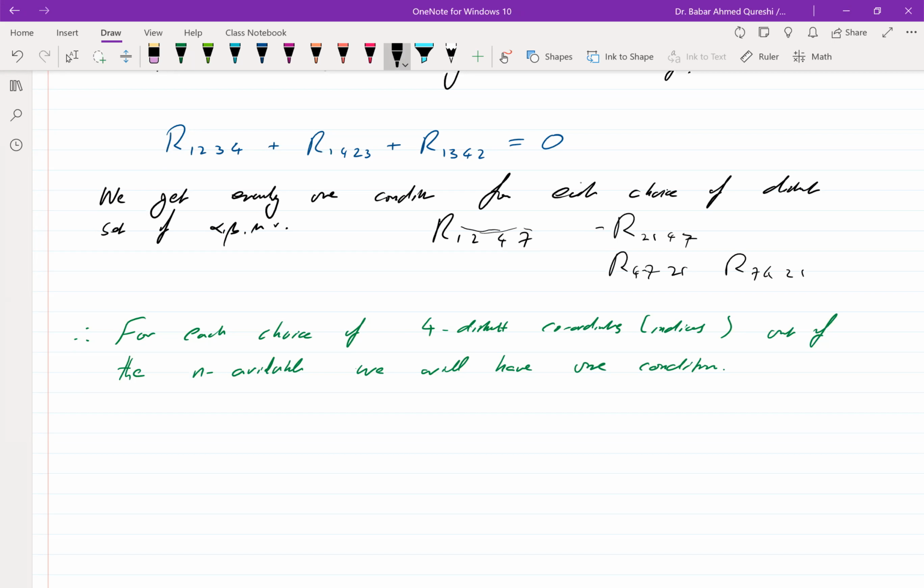So that means I have n choose 4 more conditions to remove.